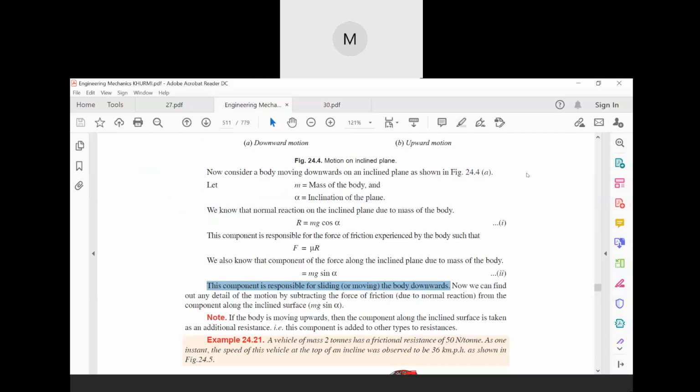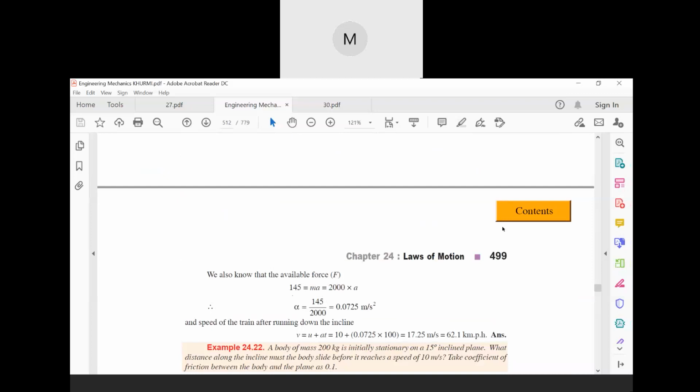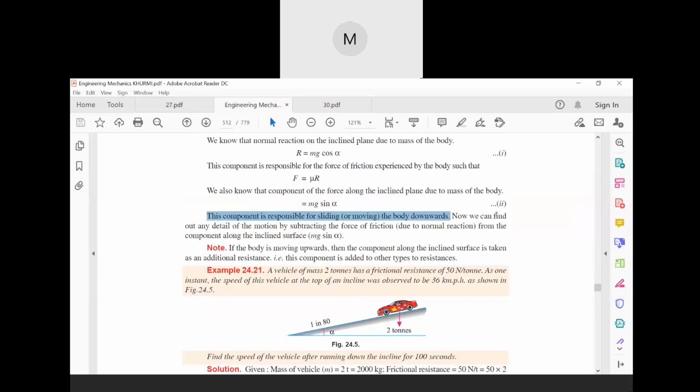Now let us do this numerical. So what is given in the question? If you see in the question, let me copy this question once.